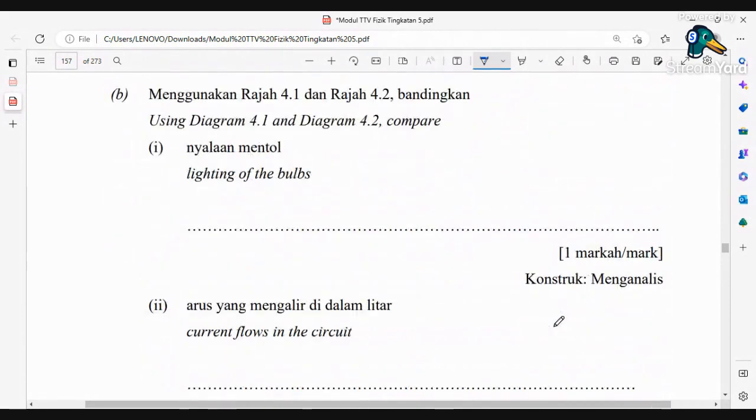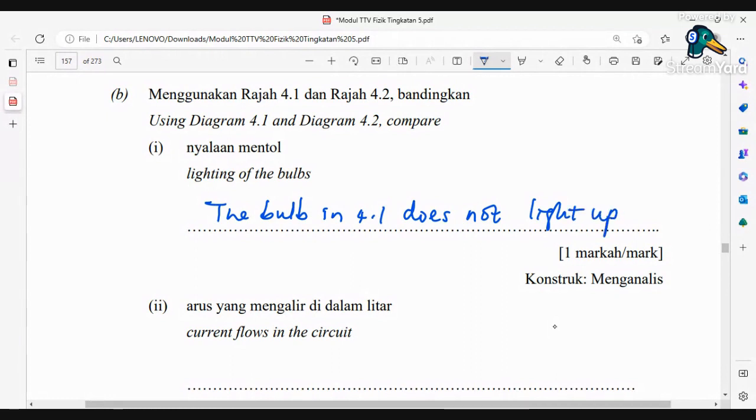The bulb in 4.1 does not light up, while the bulb in 4.2 lights up. Part 2, current flows in the circuit. Bulb does not light up means no current.